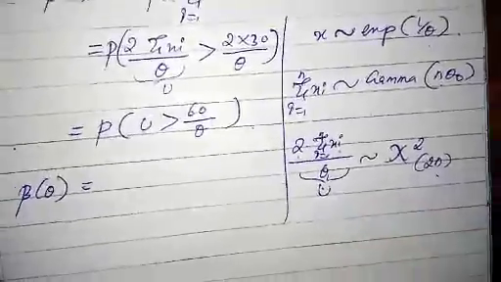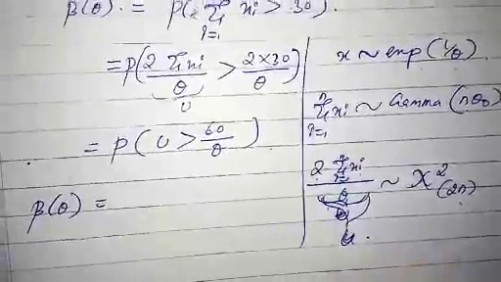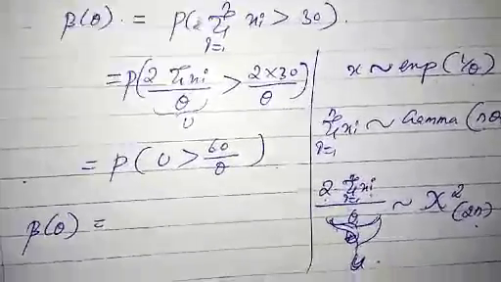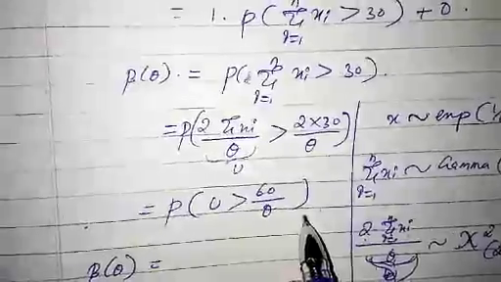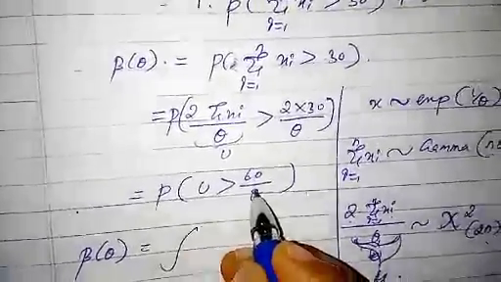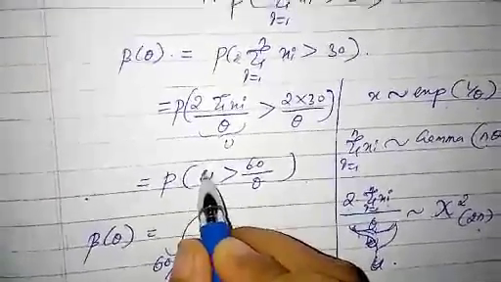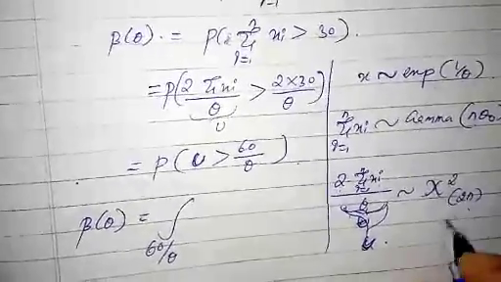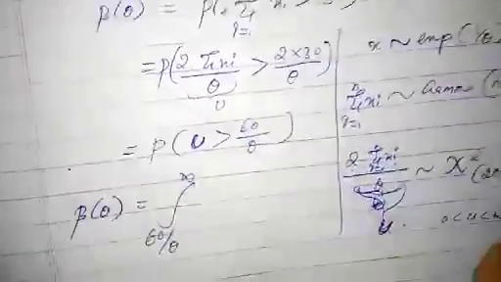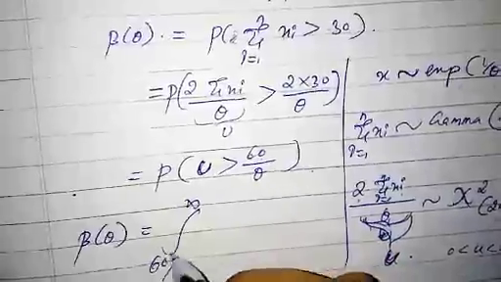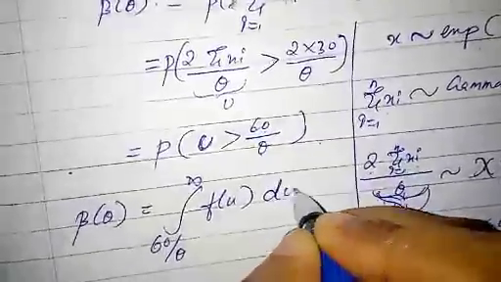U follows chi square with 2n degrees of freedom, and in chi square the range is 0 to infinity. Here the lower limit is 60 divided by theta, and the upper limit is infinity, since in chi square 0 is less than u less than infinity. So beta of theta is the integral from 60 divided by theta to infinity of f of u, the density function, into du.